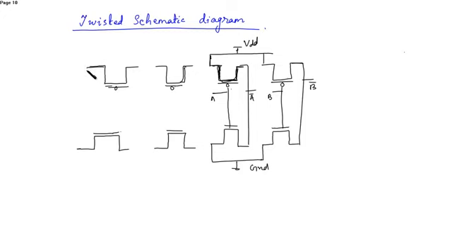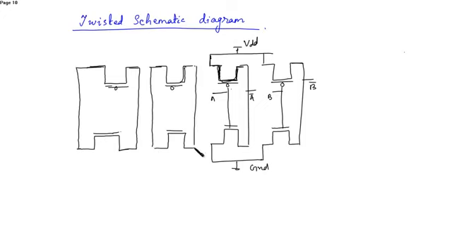So transmission gate, the sources and drains are connected. Source to source, drain to drain. Then again source to source, drain to drain. This is input A, which will be connected to this.